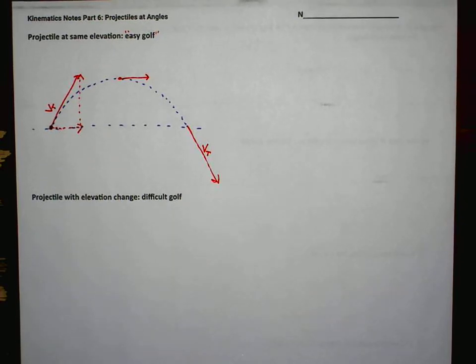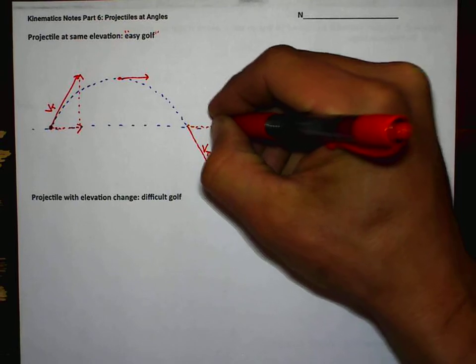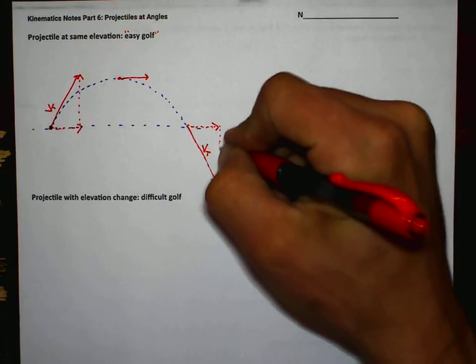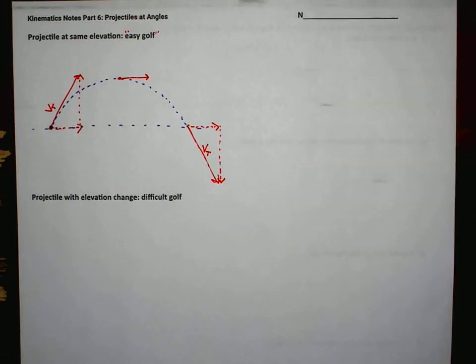Still my horizontal component is the same as over here. And my vertical component, that's downward, that is going to be the same but opposite direction. So this right here I'm going to call VIY.